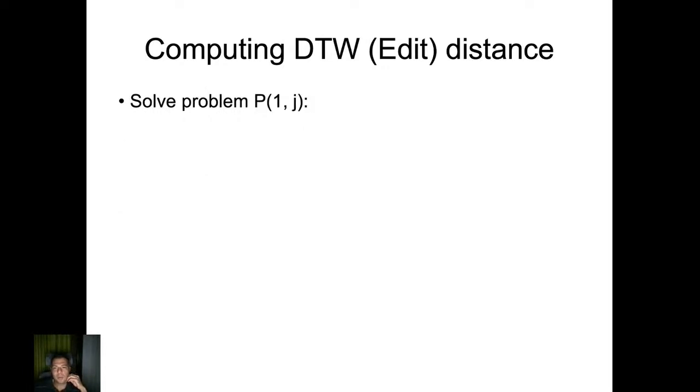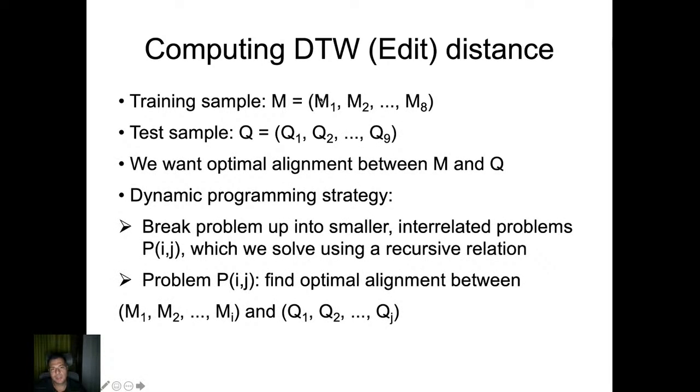Okay, so we start with the simple problems. So the problem P of 1 and j. This problem means that M has a single frame and Q has j frames. So of course here, if we go back to the rules, the only possible alignment is M1 Q1, M1 Q2, and M1 Qj.